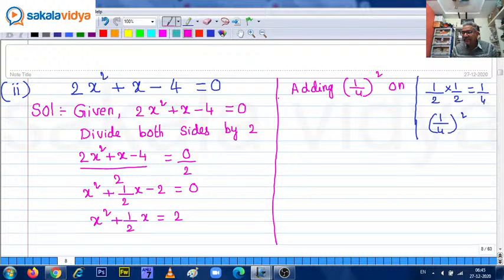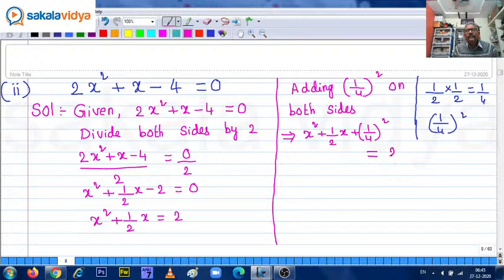on both sides. So having been added 1 by 4 on both sides, we get like this: x square plus half times x plus 1 by 4 whole square equals to 2 plus 1 by 4 whole square.